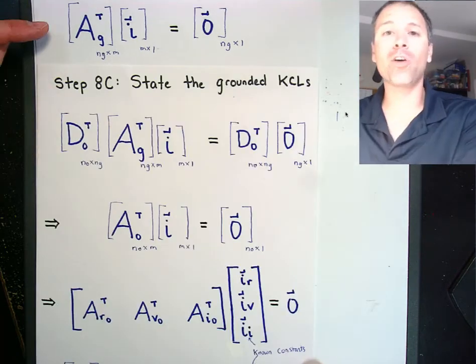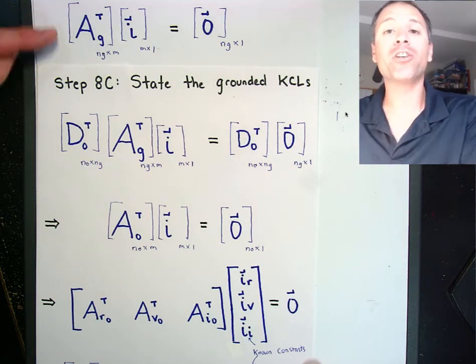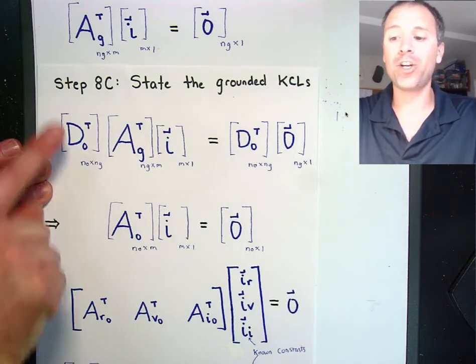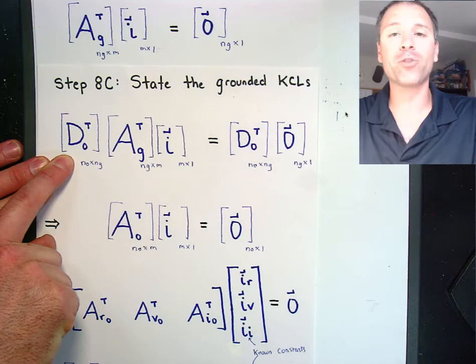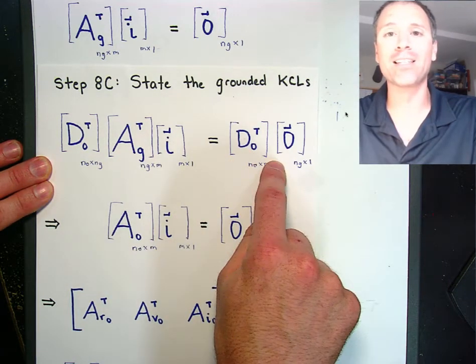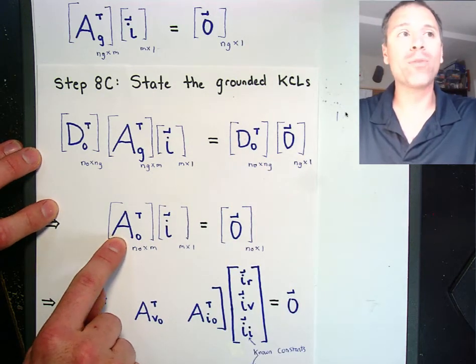In other words, to go from the entire set of KCLs that has explicit reference to the ground node to the grounded set that deletes that reference, we multiply the entire equation on the left by our grounding matrix. That deletes the row of the left-hand side and the row of the right-hand side corresponding to the ground node. And then that leaves us with our grounded KCLs.